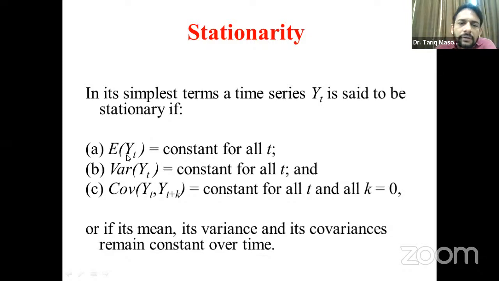That means the covariance between yt and yt plus 1 is equal to the covariance between yt and yt plus 3, and these two are equal to the covariance between yt and yt plus 10. So there is no change in covariance over the period of time between any two observations.